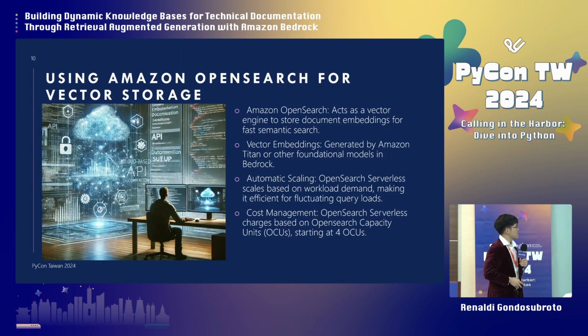So now let's talk a bit more about using Amazon OpenSearch for vector storage. In this case, Amazon OpenSearch will act as a vector engine, which we will use to store the document embeddings for performing fast semantic search.